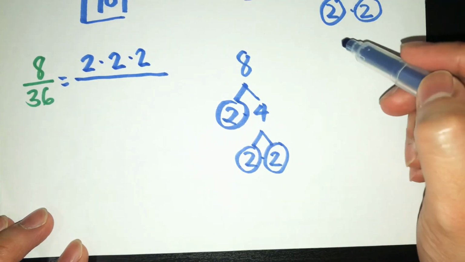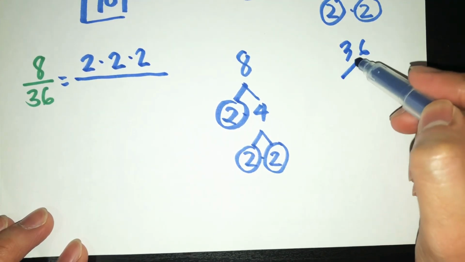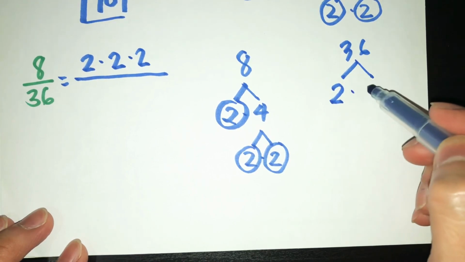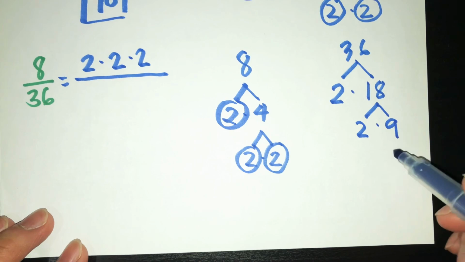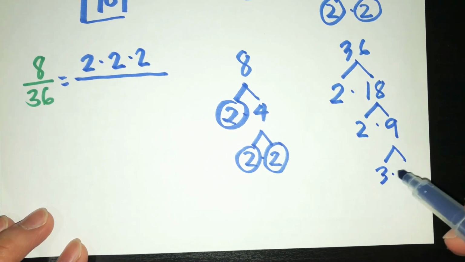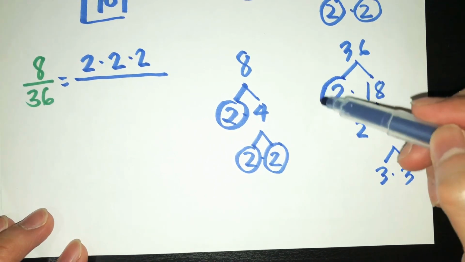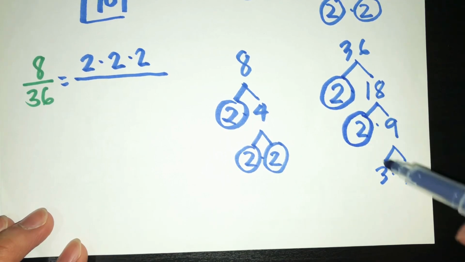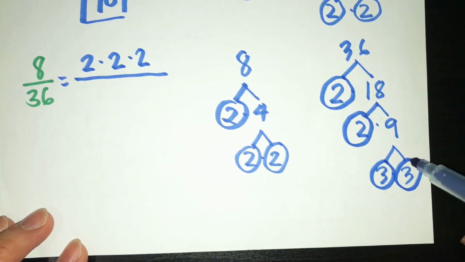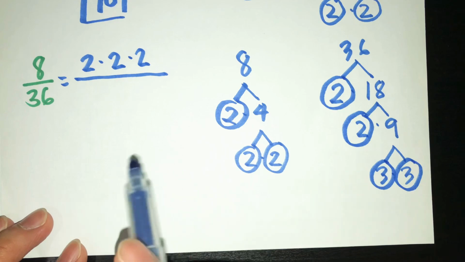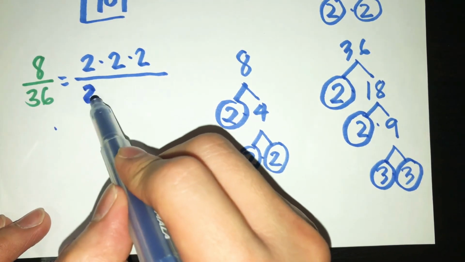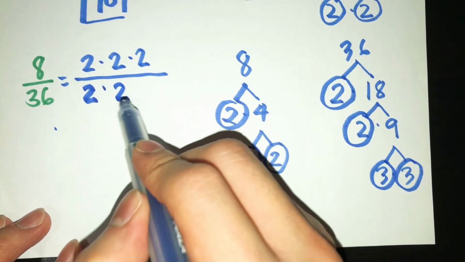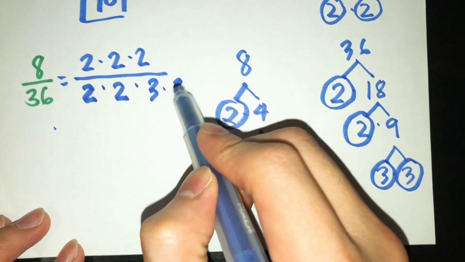Then for 36, we have 2 times 18, 2 times 9, then 3 times 3. So the prime factors of 36 are 2 times 2 times 3 times 3.